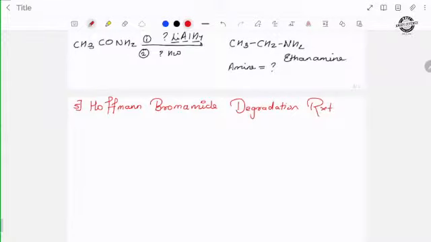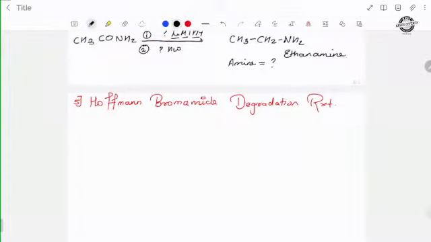By the name itself, bromamide: we are going to add bromine and we are going to add amide. Degradation means we are going to degrade it. We are going to break the amide group into two halves. So that is degradation. So you don't have to learn it, you just have to break down the name of the reaction.